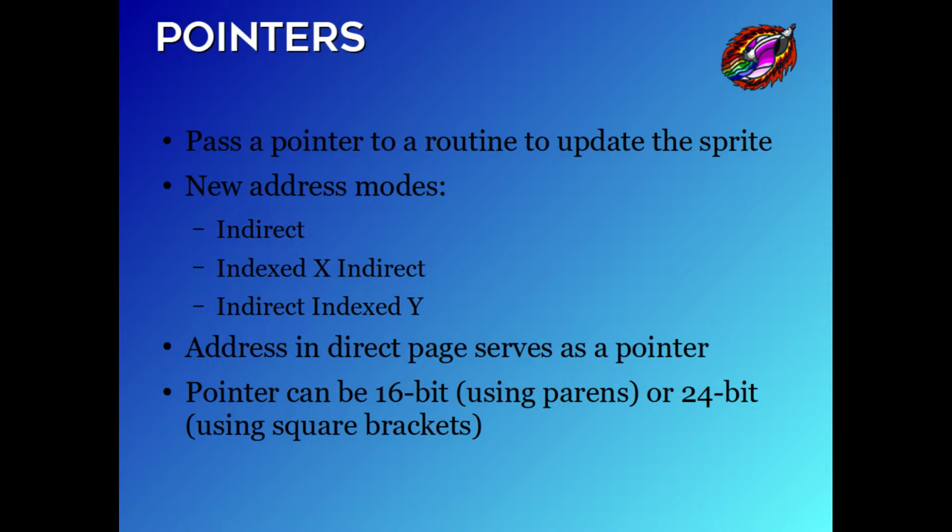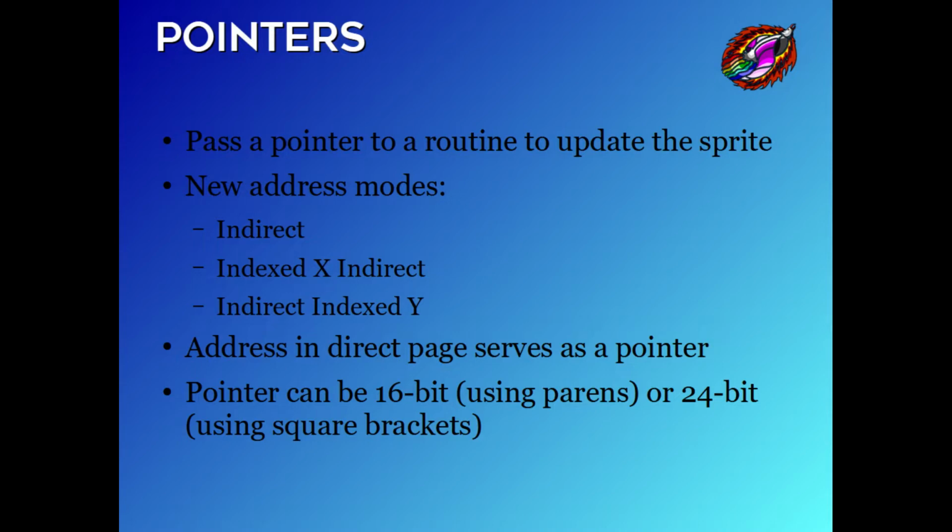And this is going to require that I introduce 3 more addressing modes. And these are all the indirect addressing modes. So there is indirect, plain indirect. There's indexed X, indirect. And then there's indirect indexed Y. All of these operate in the direct page.